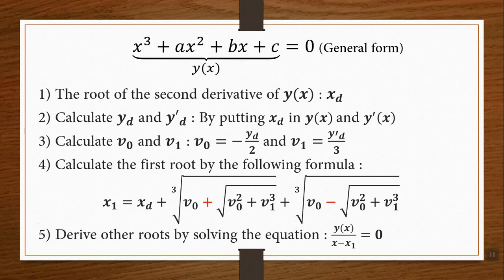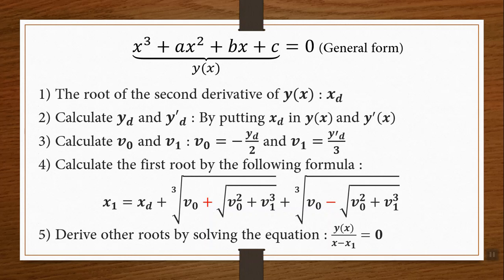After that, we can use 5 main steps for solving our equations, I mean the derivative method. The first step is to find the root of the second derivative of y of x. After changing our equation into the general form, we should call the left side of our equation y of x, since it is a cubic function.